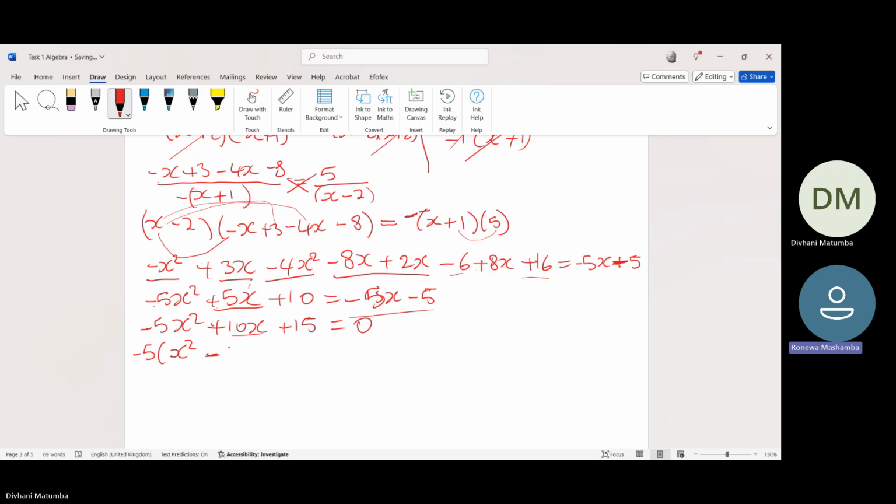Minus 2x, and then a minus 3. Perfect. Is equal to 0. Then what can we do from here? You agree? Okay.